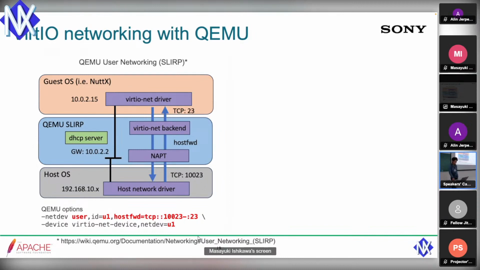In this mode, NAPT, network address and port translation, is done inside QEMU. The IP address for the VirtIO network driver on NuttX is assigned 10.0.2.15, and the default gateway is assigned 10.0.2.2.